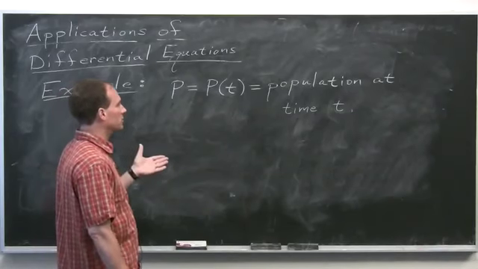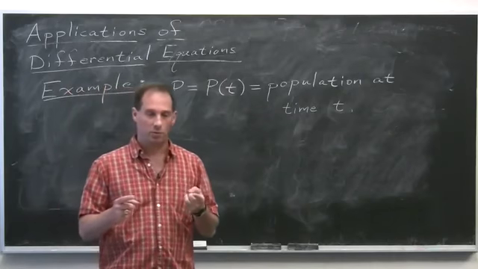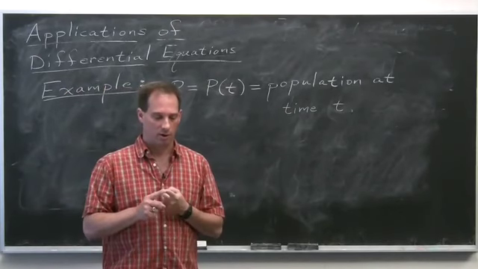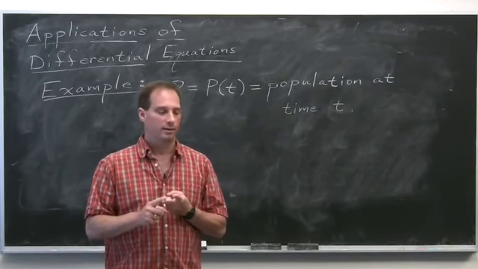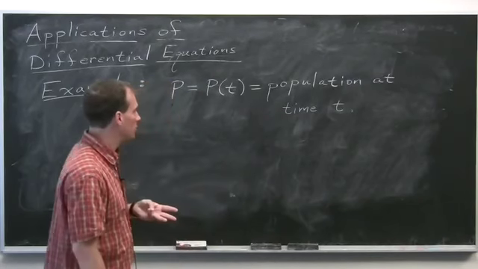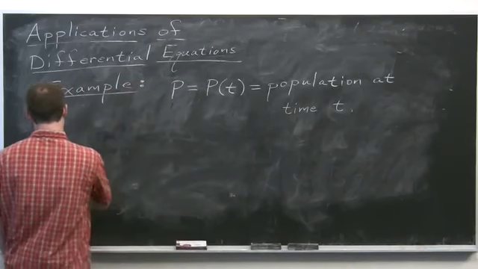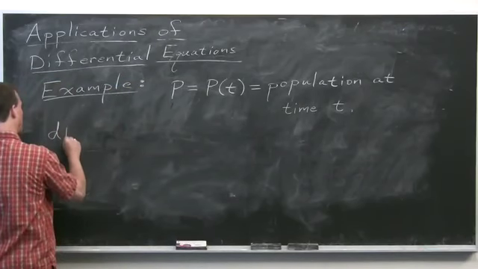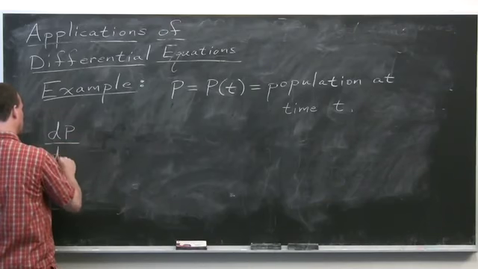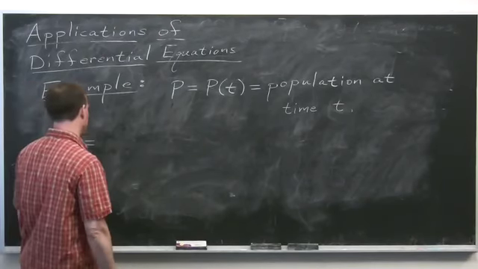Why do populations of, say, cities change? Well, there are new people being born, there are people dying, and there are people moving in and out of the city. So those are the typical reasons why the population would change. And so the rate of change of the population with respect to time, dP/dt, well, there are four rates involved here.